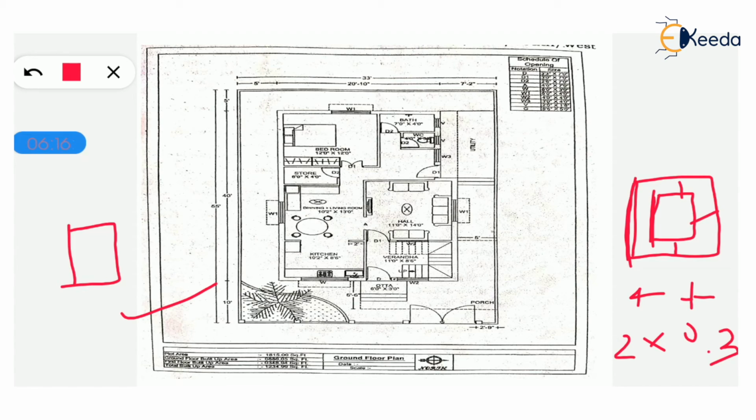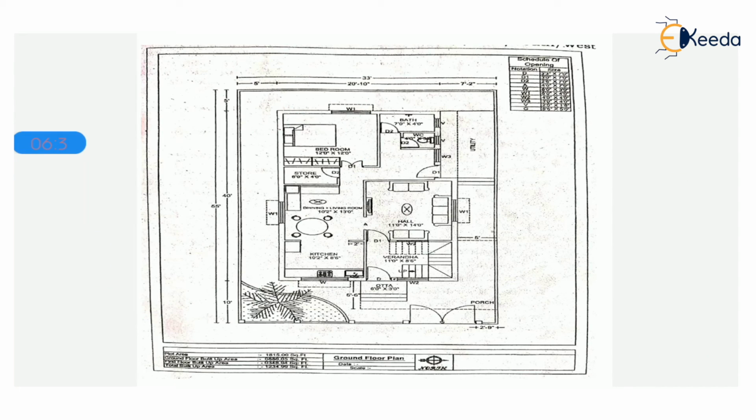A plan shows the wall thickness, door position, window position, bathroom position, positions of units, chhajja projections, and all those. This is nothing but the simple plan. Okay, I hope everyone understands what is meant by plan and how it is drawn.